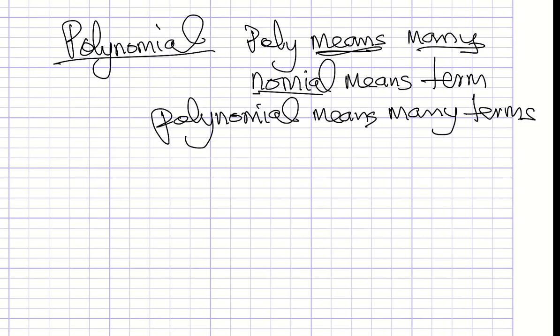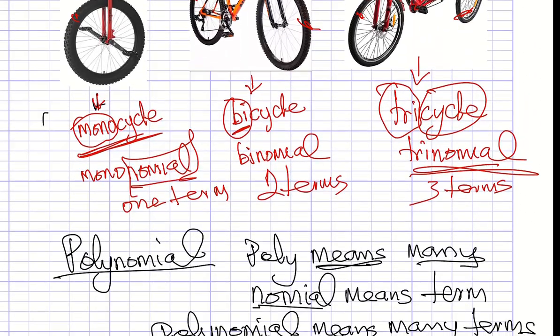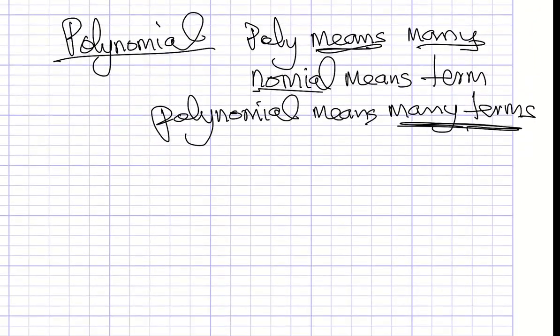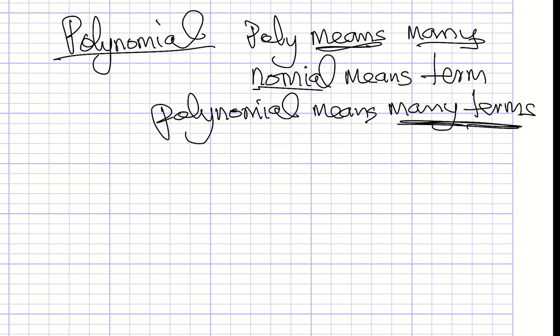That's all that literally means, many terms. But how many? Well, it can have 1, it can have 2, it can have 3. But I'm going to formally define it in a mathematical way. But anyway, the word polynomial means many terms, okay?